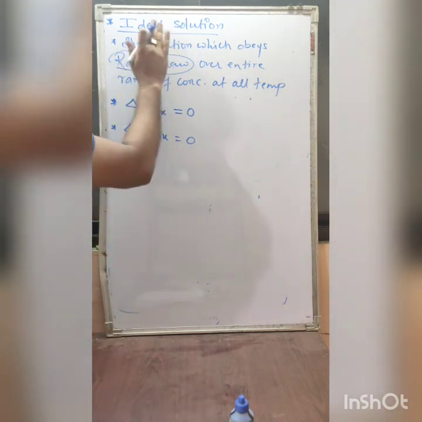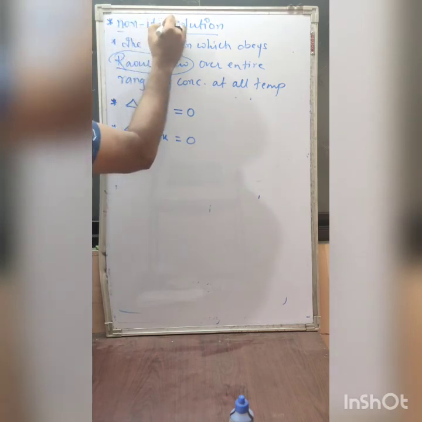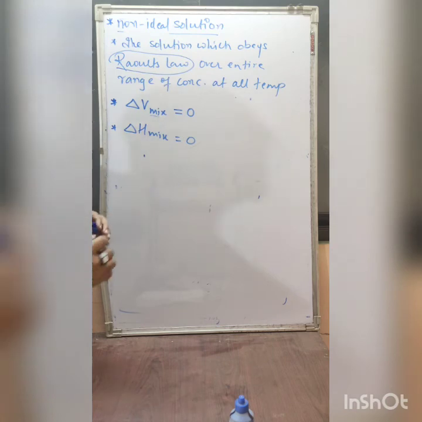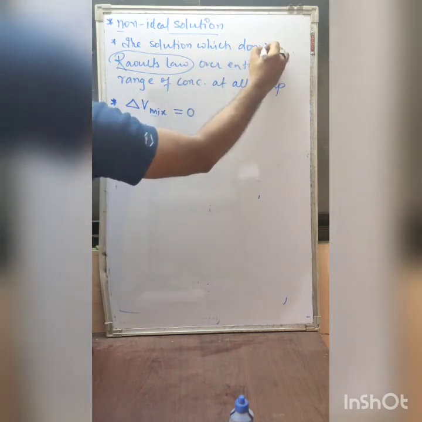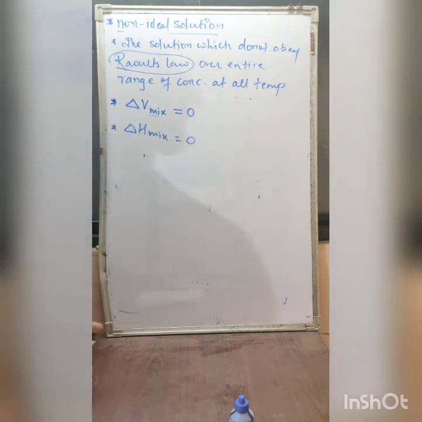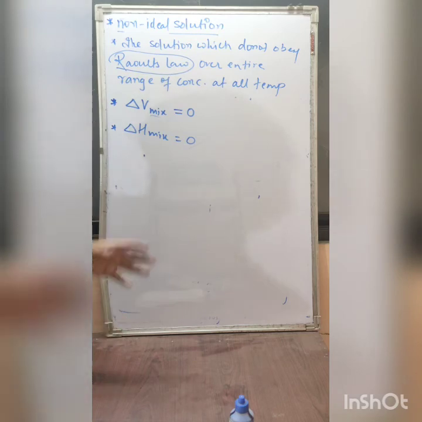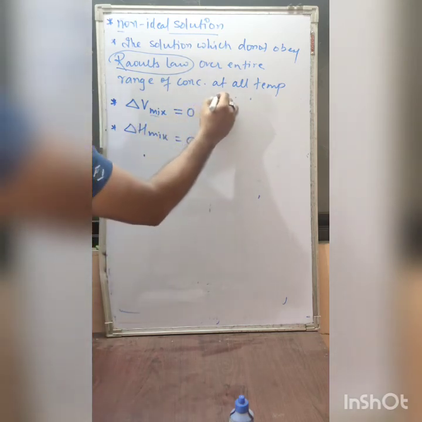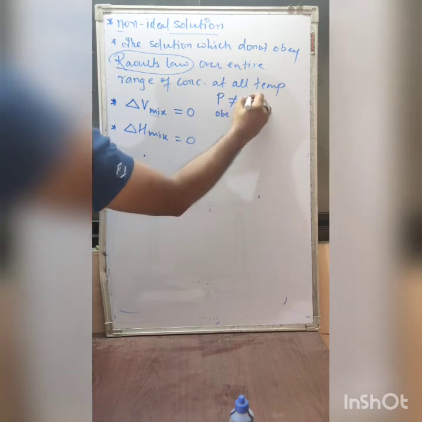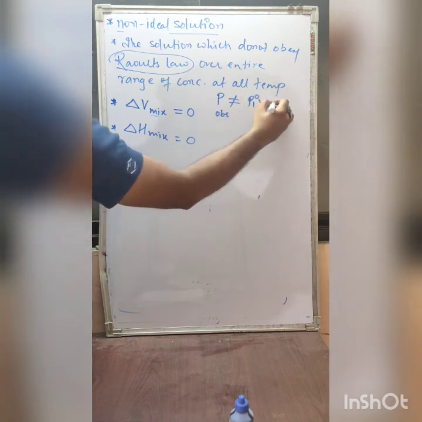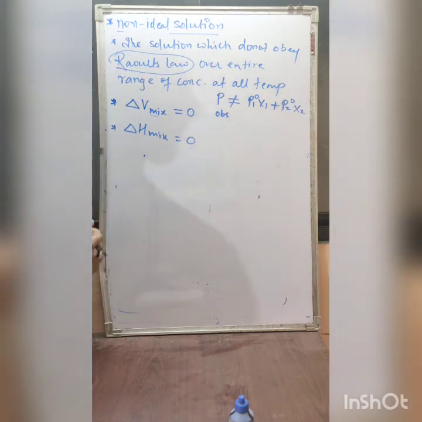so if we talk about the non-ideal solution, it is a solution which does not obey Raoult's law over the entire range of concentration at all temperatures. What this means is that P observed is not equal to P1° x1 + P2° x2.